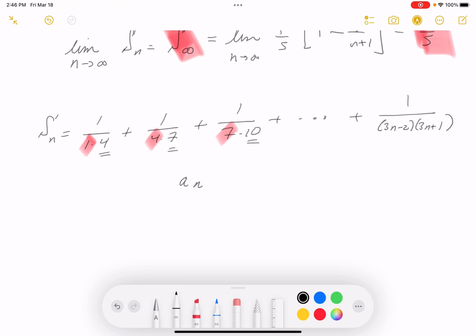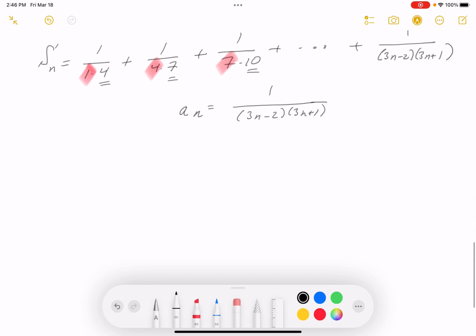Let's see, did I make a mistake somewhere? Let's take a look. An is 1 over 3n minus 2 times 3n plus 1. And I think by now I'm going to split this into 2 terms by using partial fractions.